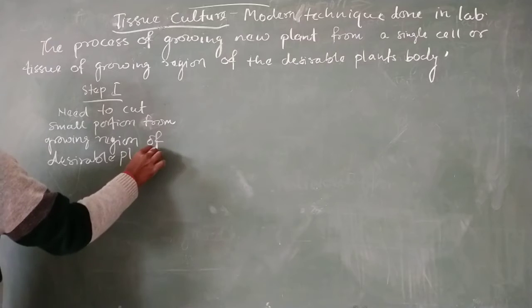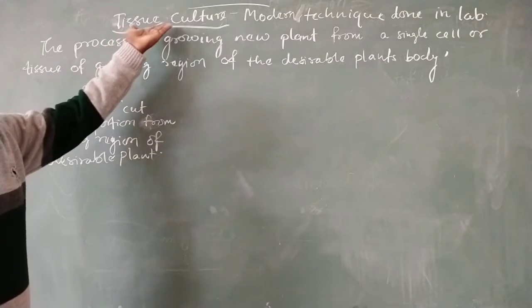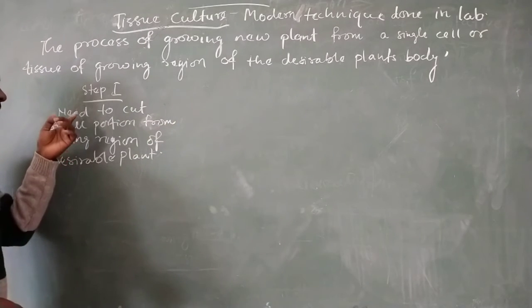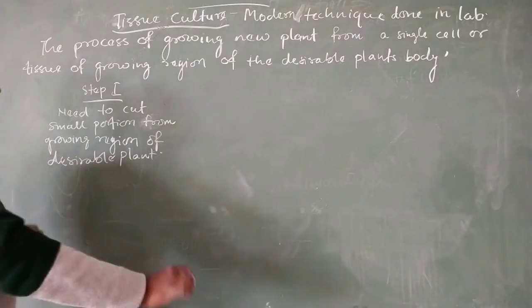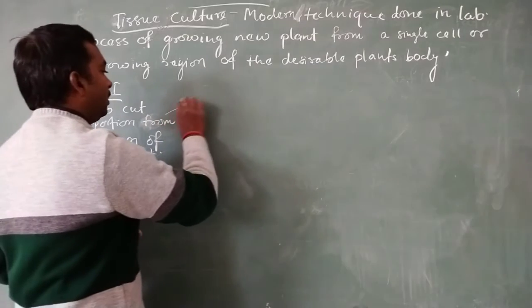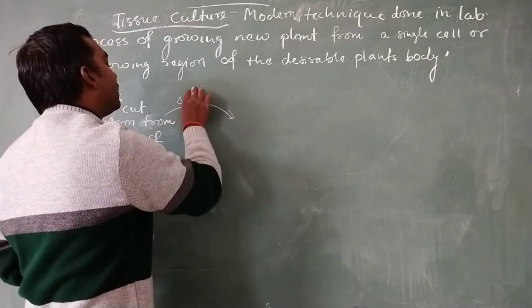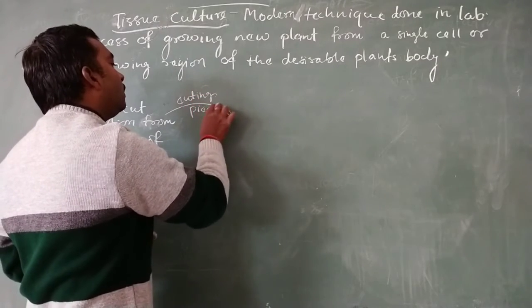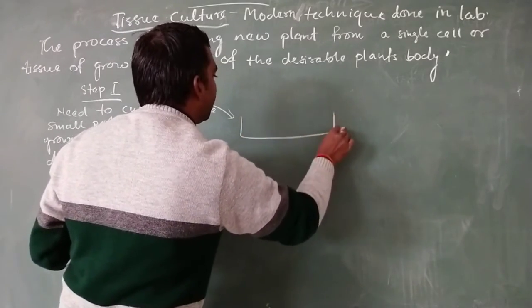It means the plant in which we want to do tissue culture or propagation. From that plant we need to cut a small portion from the growing region. Then this cut piece needs to be transferred into a culture medium.